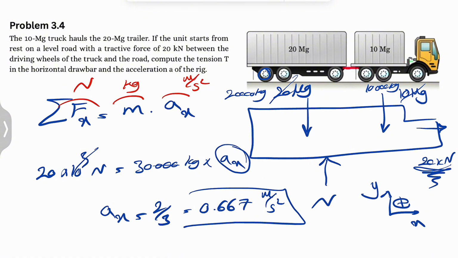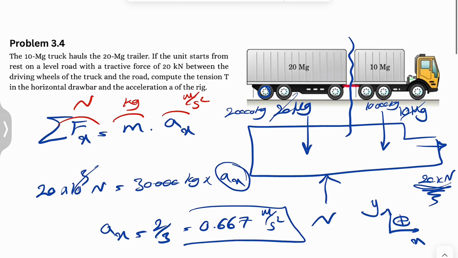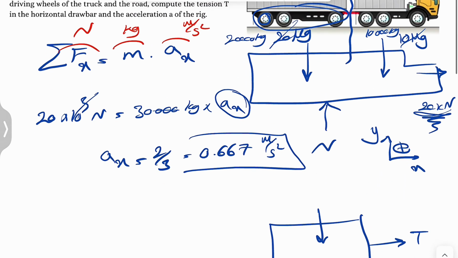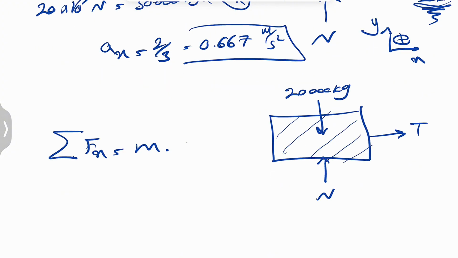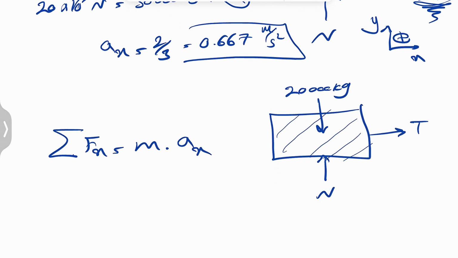Now that we have the acceleration, we can make a cut right here and draw the free body diagram for the trailer, where we have the tension in the cable. We obviously have a normal force from all the tires on the trailer, and on top of that the mass of 20,000 kilograms. The sum of all forces equals mass times the same acceleration we found in the previous step, which is 0.667.